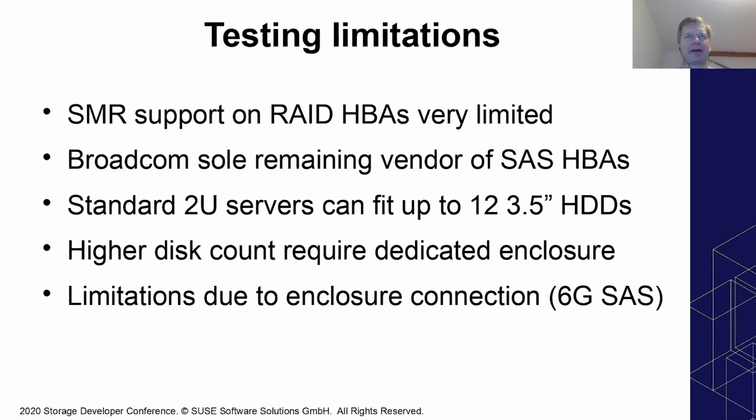The other problem I had was that a standard 2U server can fit up to 3.5 inch disks. There simply is not more space in the front shelf to put in drives. So if one wants to have a higher disk count, one would need a dedicated enclosure.